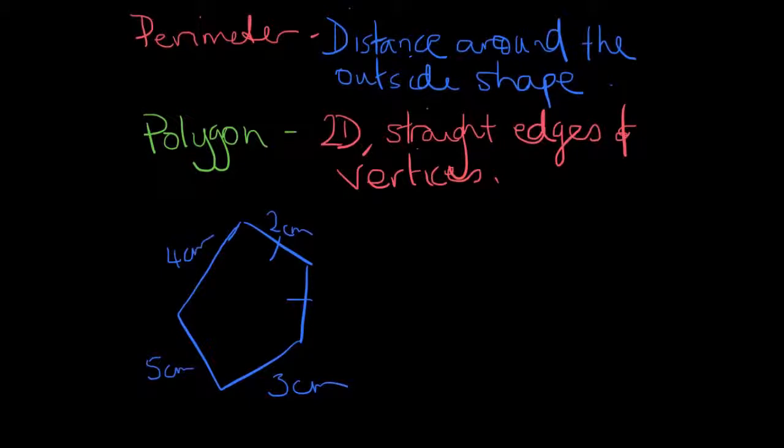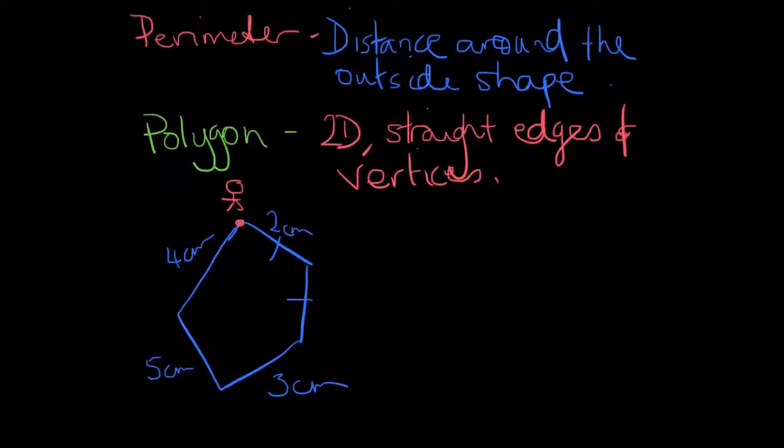Now the way I like to think about perimeter is I like to visualize the situation. Whenever I do maths, I like to visualize it in an everyday context. I like to put myself in that situation because it's easier for me to understand the whole context of the problem that way. So let's say I am this little person standing on one of the vertices of this 5-sided shape.